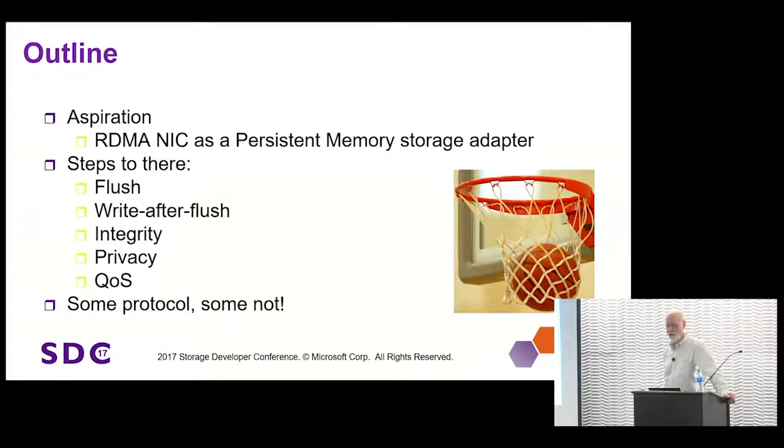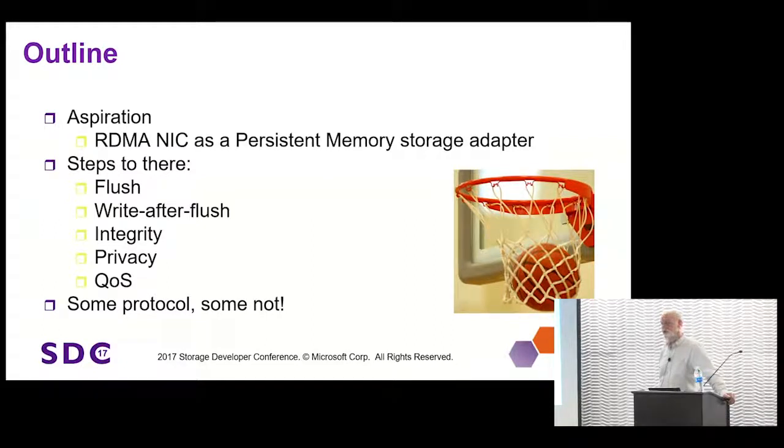These NICs are slightly performing this type of function on a proprietary basis, if you will. Some manufacturers have some storage functionality like Fiber Channel or NVMe over Fabric or things like that. But I believe we can do this with raw RDMA to a persistent memory backend store.